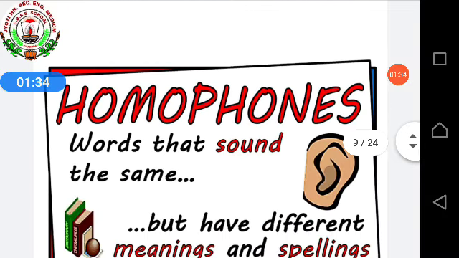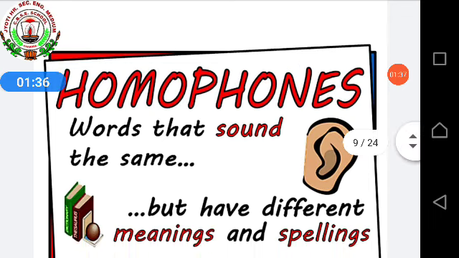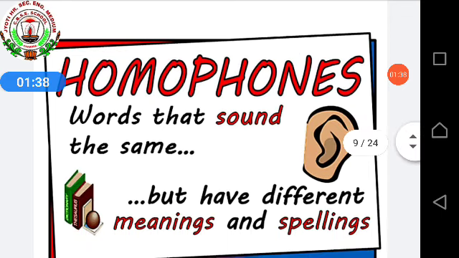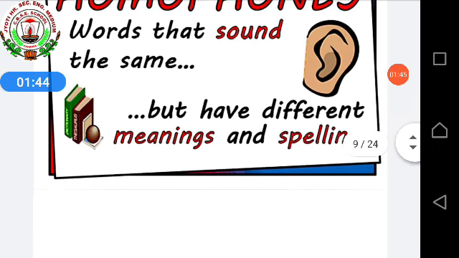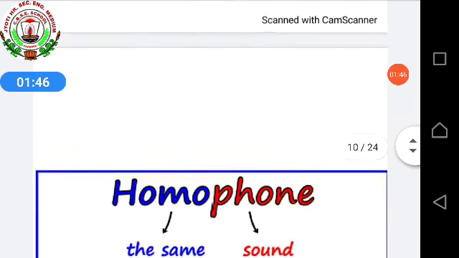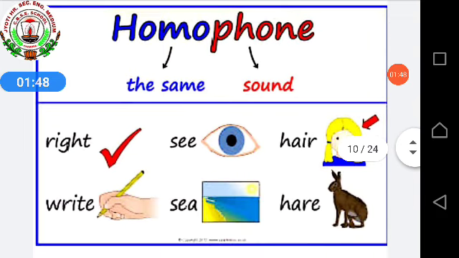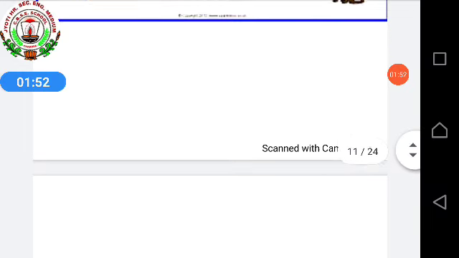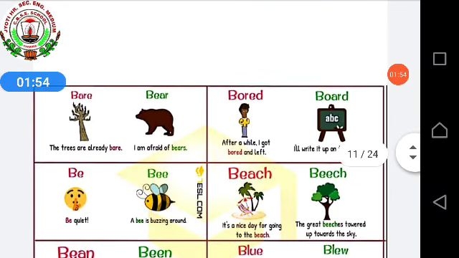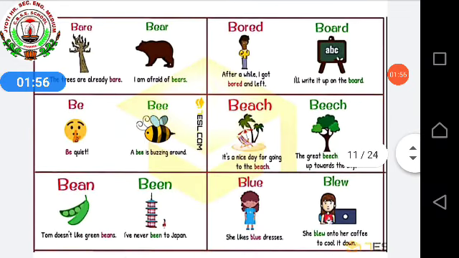Then I told you about homophones, that homophones are the words that sound the same but have different meanings and different spellings. Then I gave you certain examples of homophones, as you can see over here.